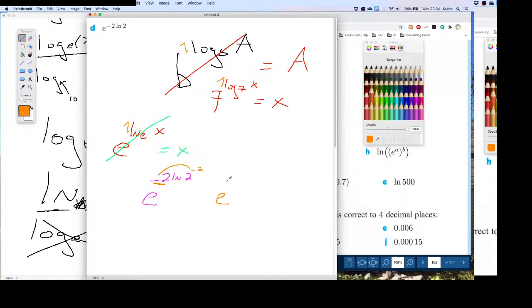So we have e to the 1 ln 2 to the minus 2. So now we have this really nice pattern that we described, which is e ln, this is base e, they match, and because they match, we have 2 to the minus 2, which is like saying 1 over 2 squared, which is like saying 1 over 4.